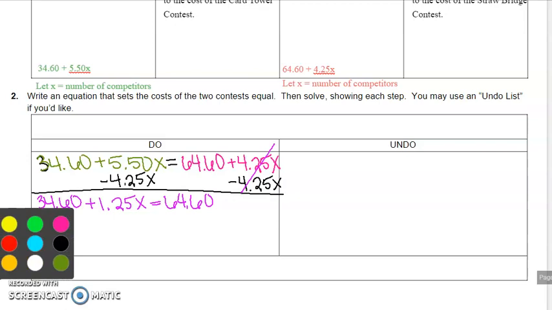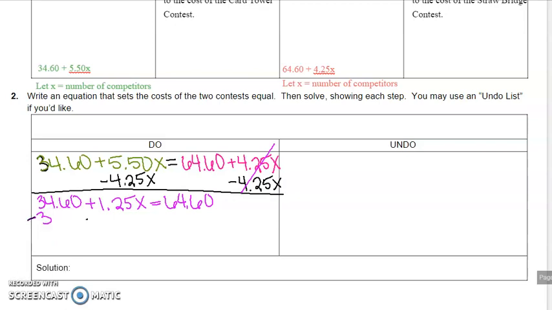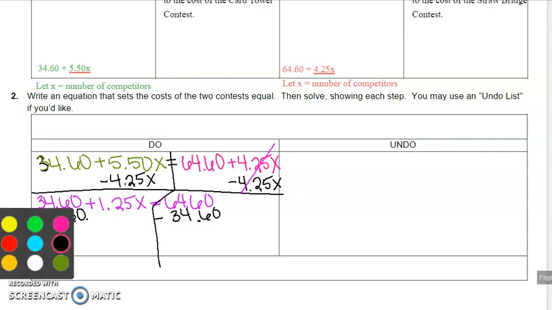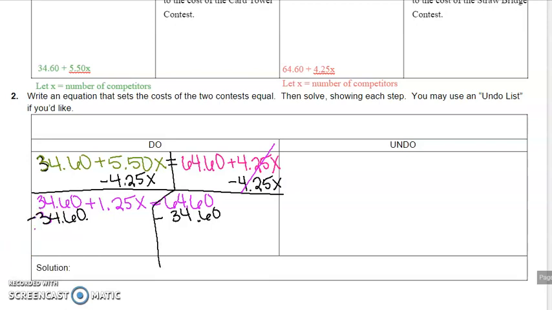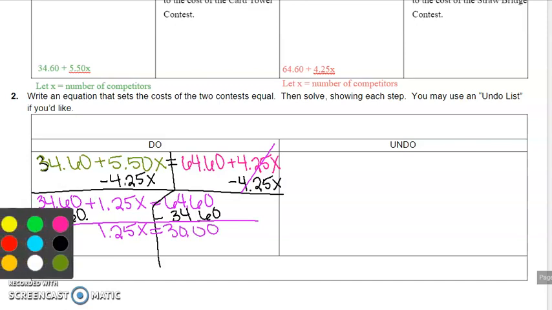So we're going to subtract $34.60. And of course, what I do to one side of the equation, I have to do to the other. Remember, my equation is split right here down the middle of the equal sign. So I get 1.25x is equal to, it looks like $30 even.